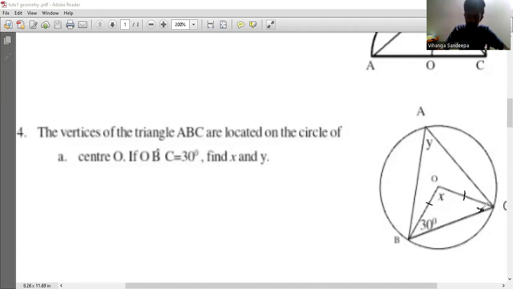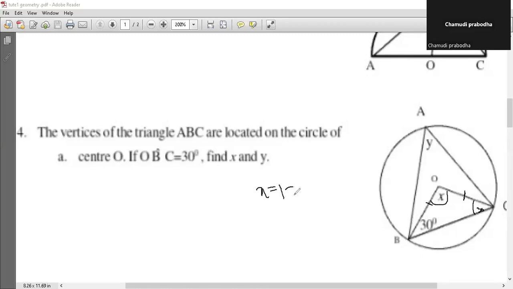This is also 30. Then we can find the value of angle x. X equals 180 minus 60, so x equals 120.